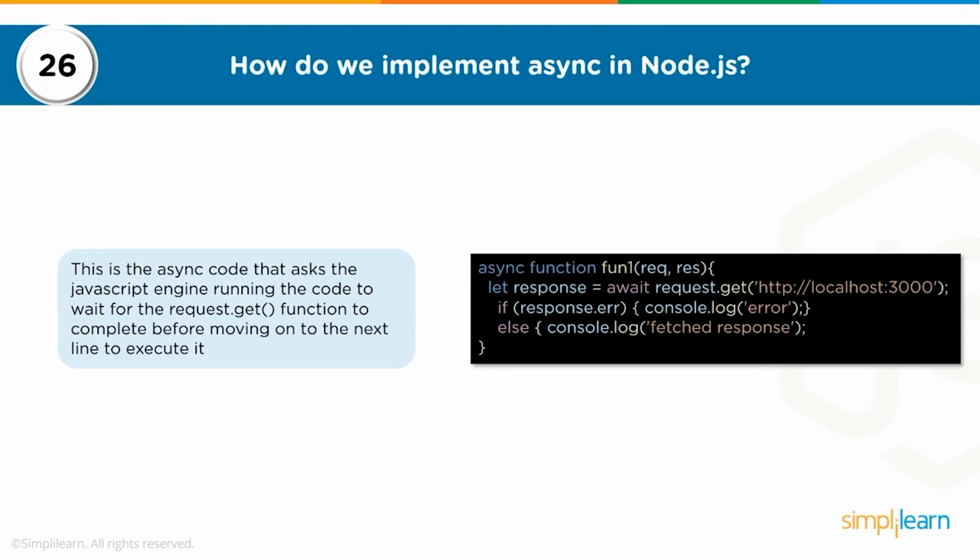Depending on what we get, if there's an error message, then we'll have the error message go to the console log, which is the terminal window. And if we get a response from the application, then we'll get a positive response, which would be the fetched response. So again, it's very quick and easy to use the async function to build out your asynchronous code.